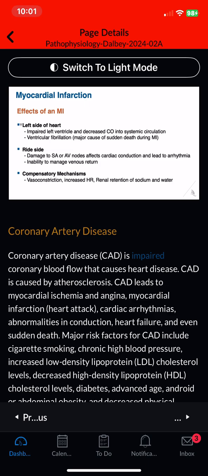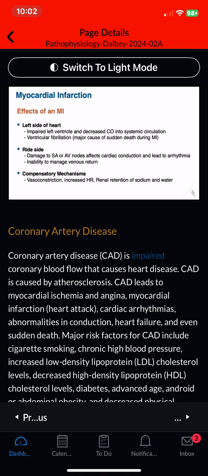There can also be ventricular fibrillation, which is a major cause of sudden death from a myocardial infarction or heart attack. The right side of the heart houses our SA and AV nodes, which are part of the heart's conduction system. If those are damaged, then this can lead to an arrhythmia. The right side of the heart is also involved in venous return, and venous return can be interrupted as well.